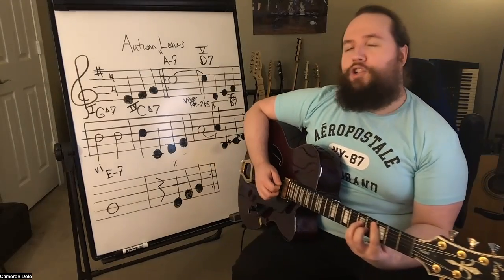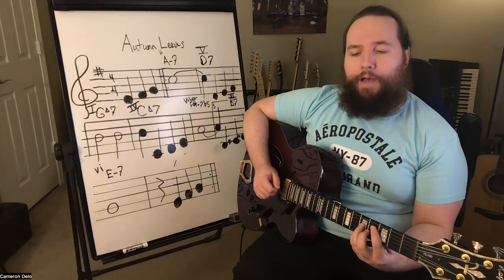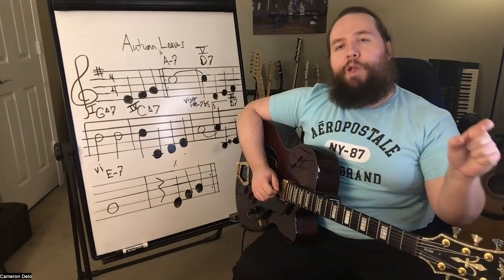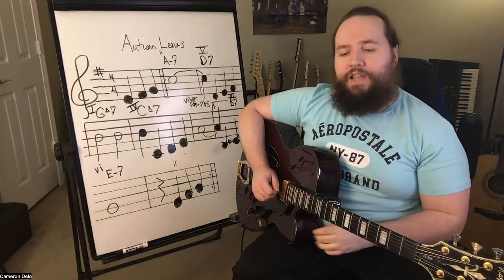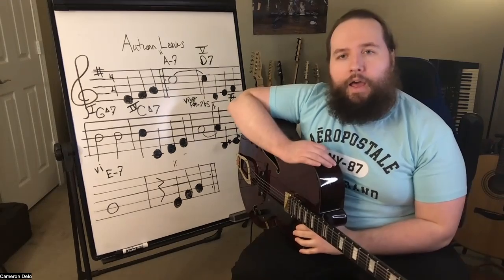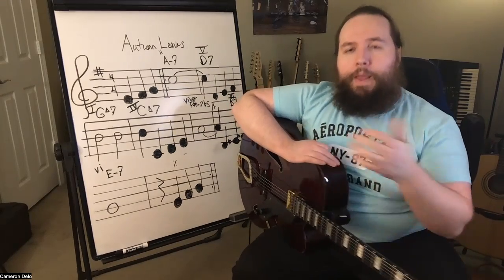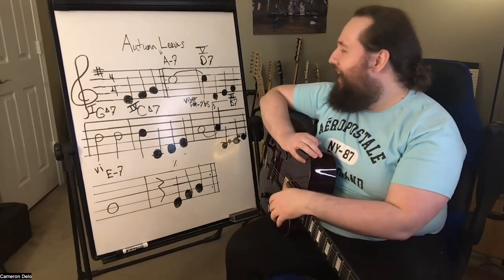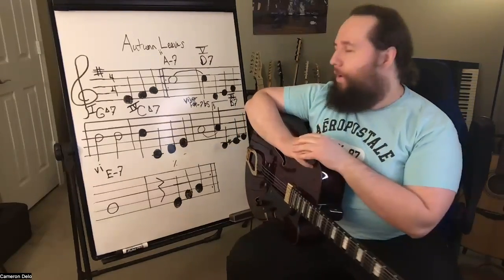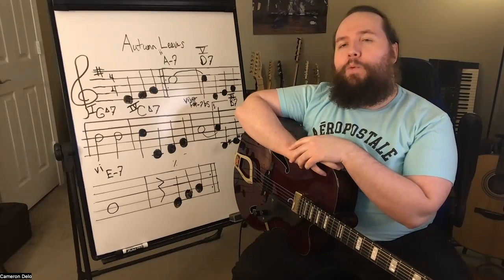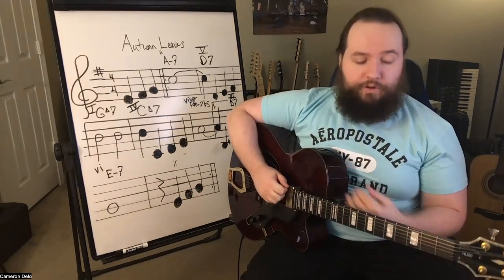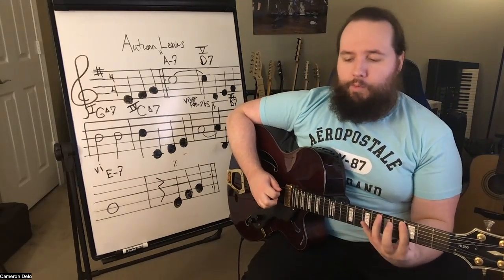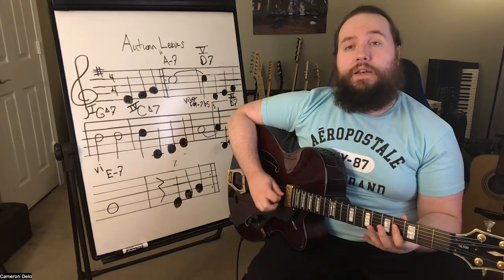We have an F sharp minor 7 flat 5. It's just a long name for a chord. But what is F sharp in relation to G major? 1, 2, 3, 4, 5, 6, 7.